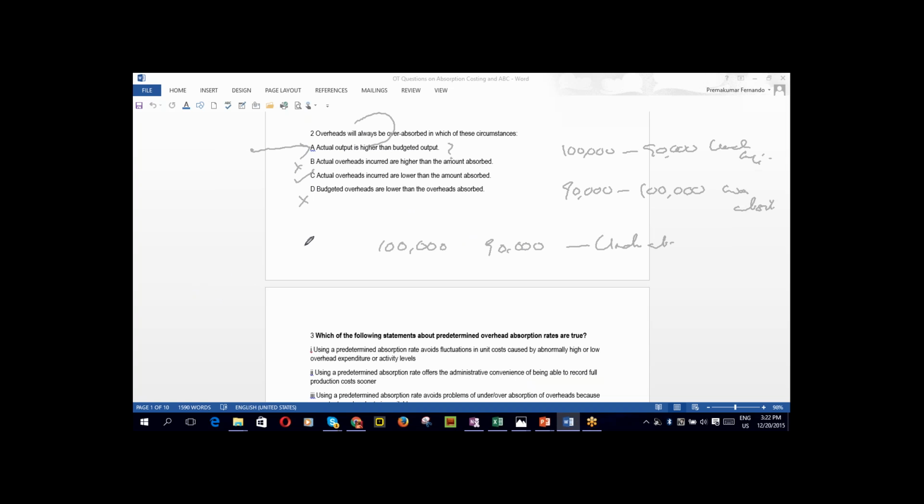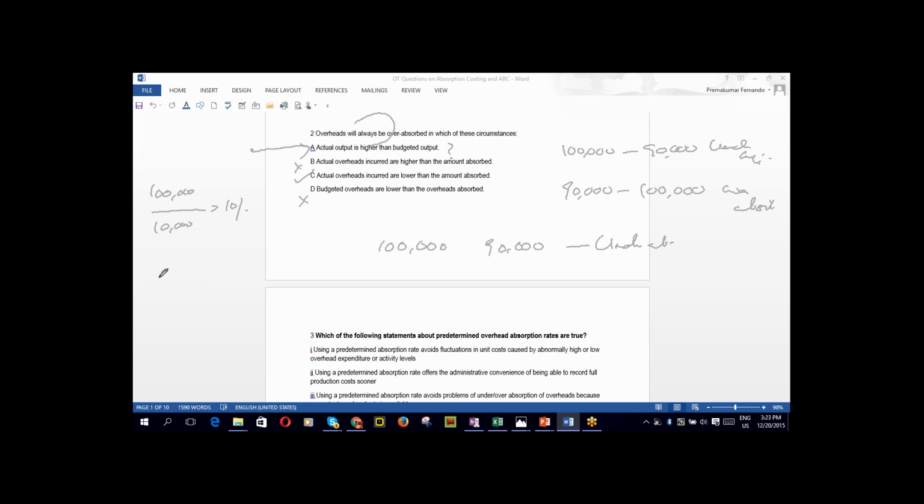Always be. Because although I said overheads will always be over absorbed when the actual output is higher than the budgeted output, let's assume that the budget is 100 expenditure, budgeted output is 10,000. So we have put 10, and 10 is the absorption rate. The actual output is higher than the budgeted output.